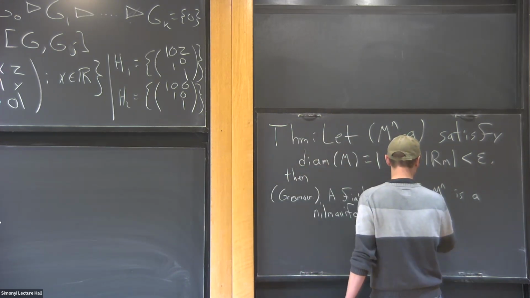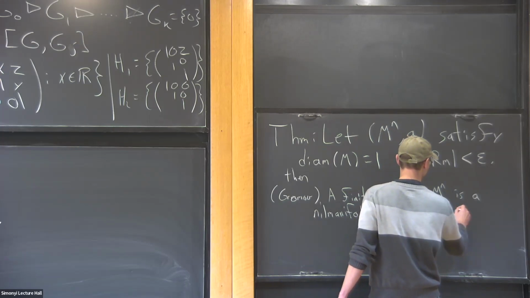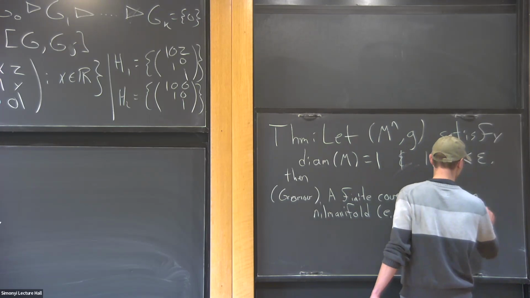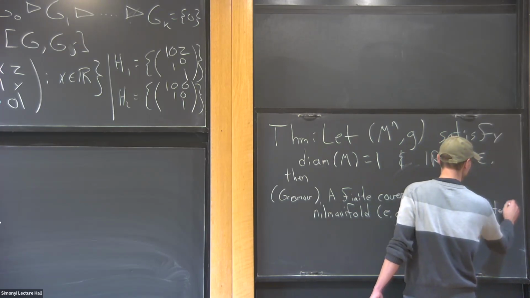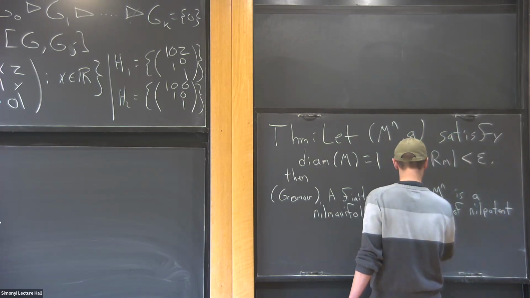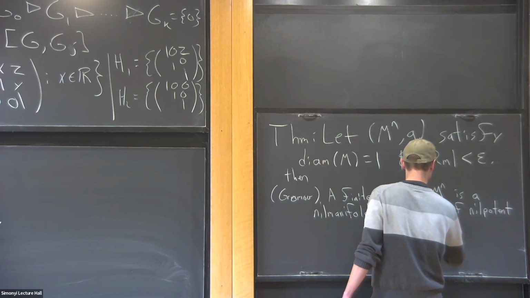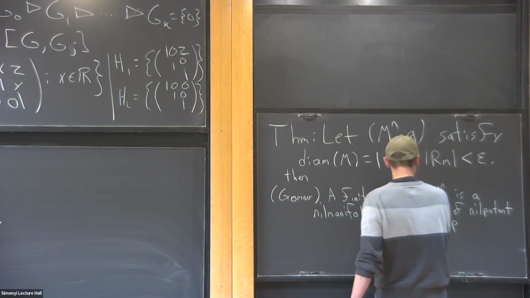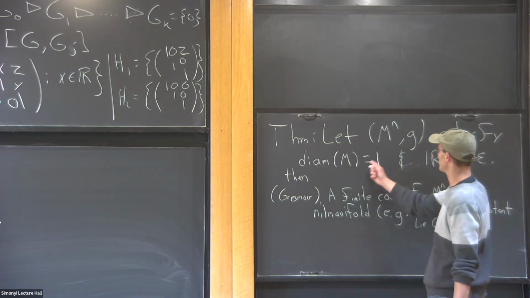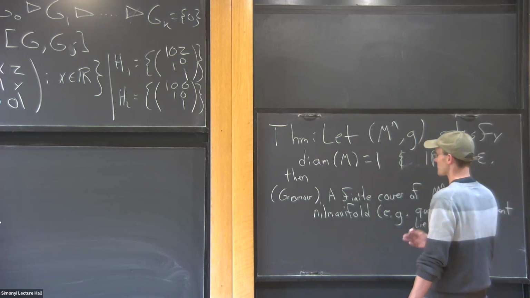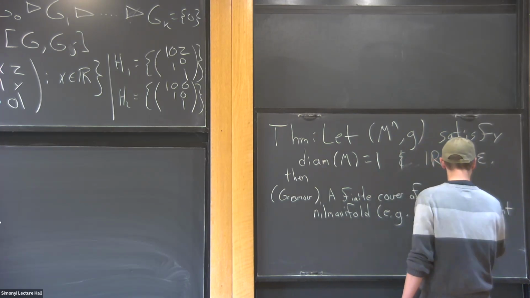And it's a quotient of a nilpotent group, diffeomorphically and almost isometrically. You can always whack it, so it can't be isometric, but it's almost isometric. A nilpotent group by a lattice.